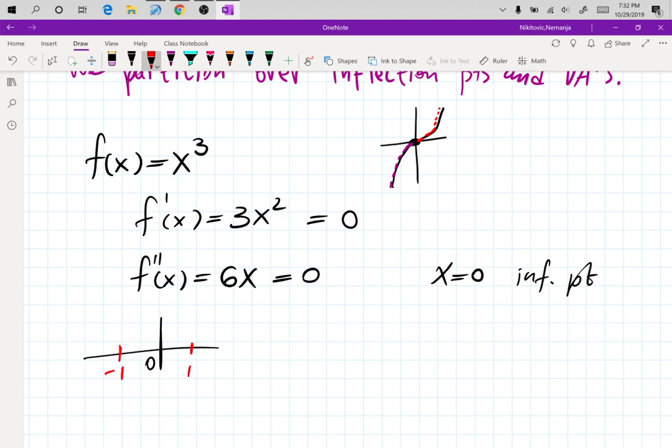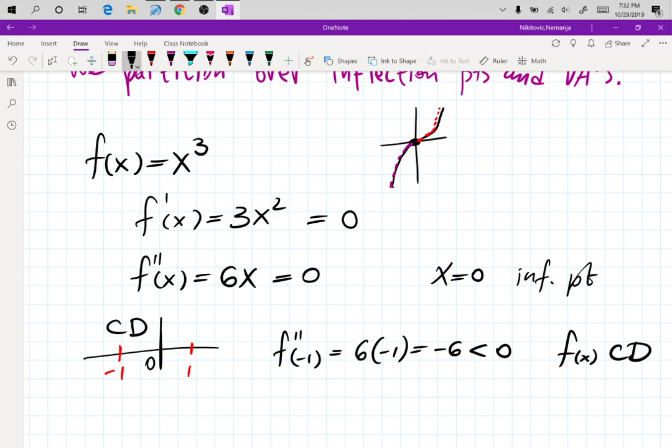Same procedure using the second derivative. f double prime at -1 is 6 times -1, which is -6, which is less than 0, which means that f of x is concave down. CD, concave down. f double prime at +1 is 6 times +1. It is 6, it's bigger than 0, which means concave up.